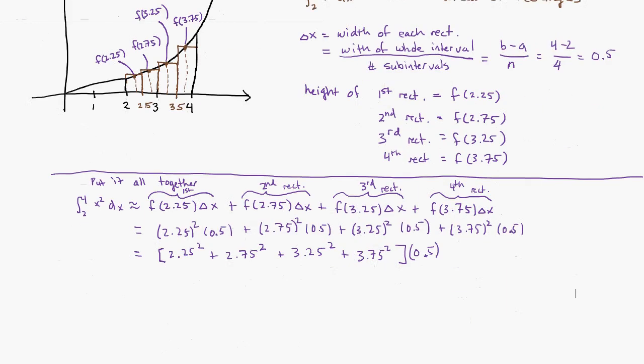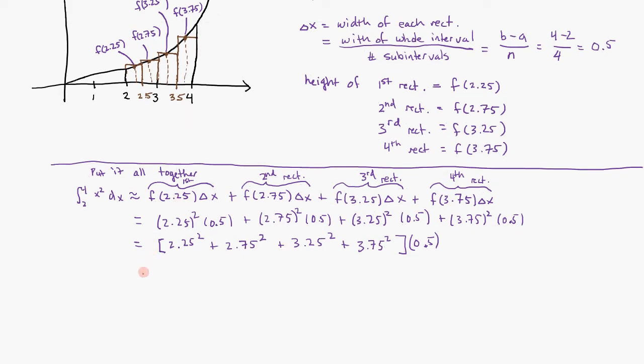So now let's calculate this. The first term is 5.0625. The second term is 7.5625. The third term is 10.5625. The fourth term is 14.0625. And then this whole thing times 0.5.